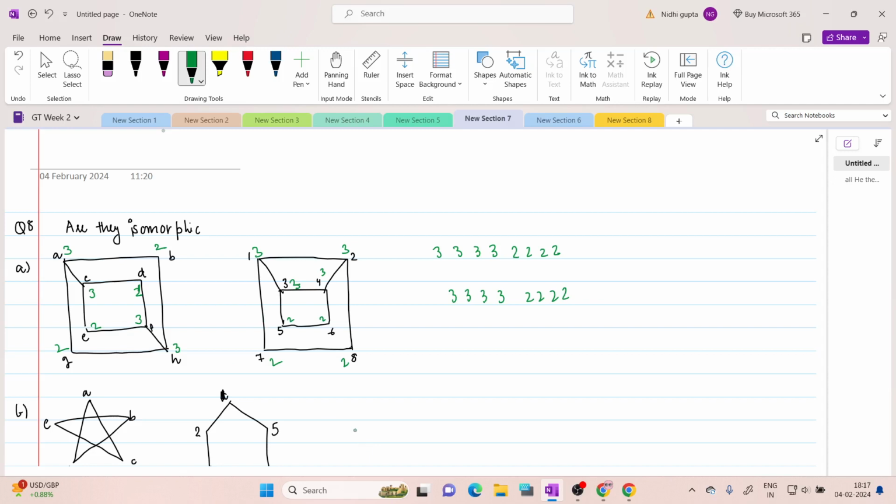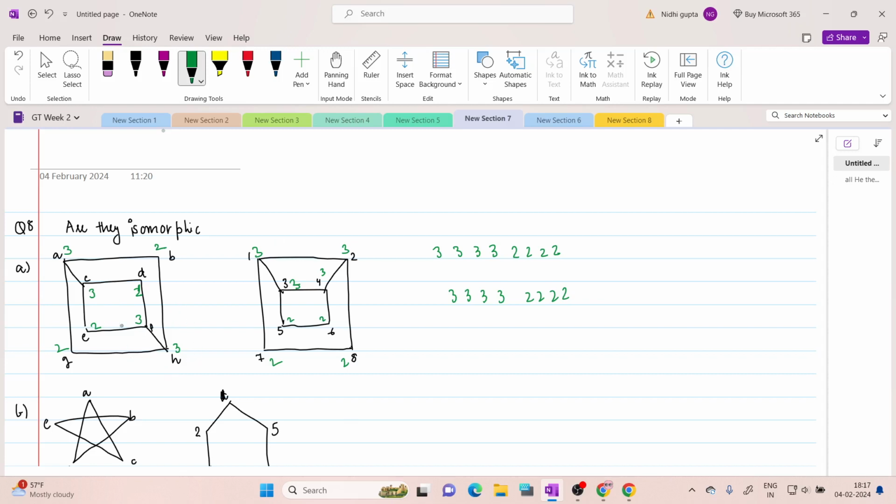Because the vertices of degree 3 in the inner square are in opposite positions, so the positioning of it matters. Sorry, can you repeat?